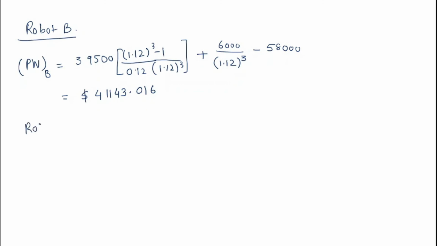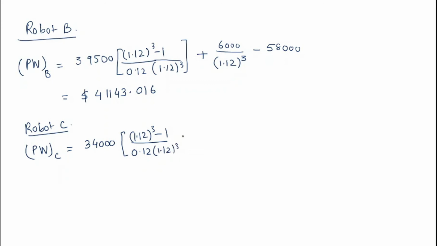Similarly for robo C, if I write down the expression of present worth for robo C, this will be the same structure with 1.12 to the power 3.